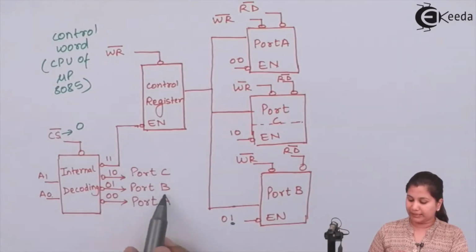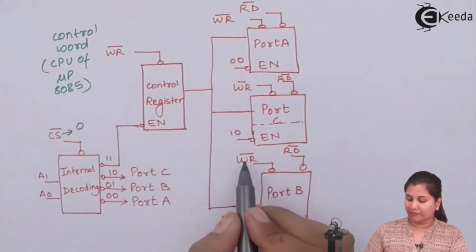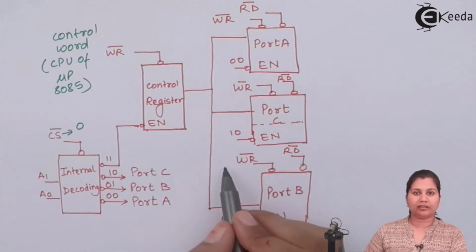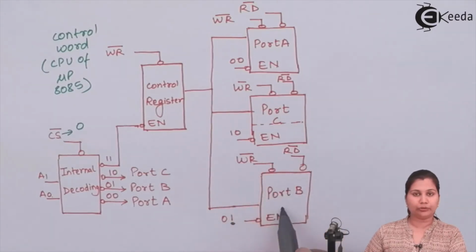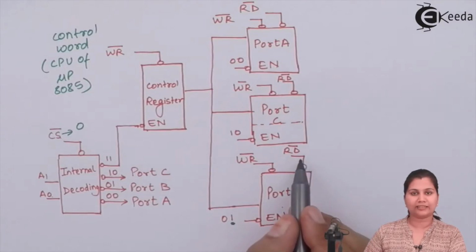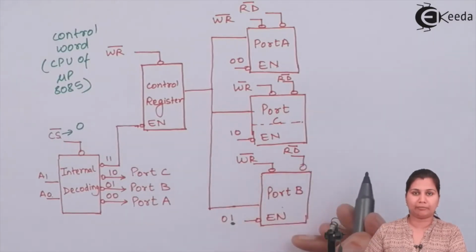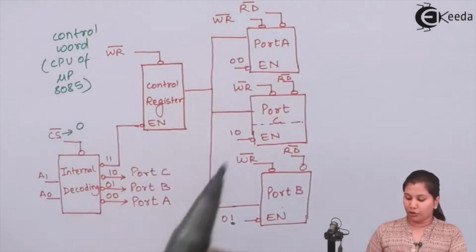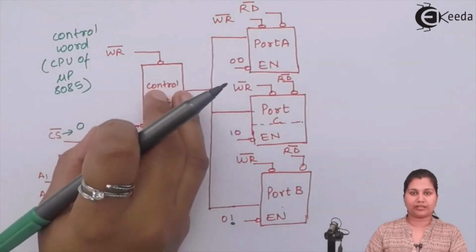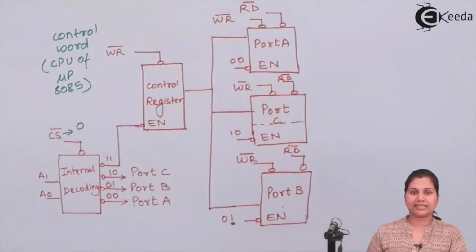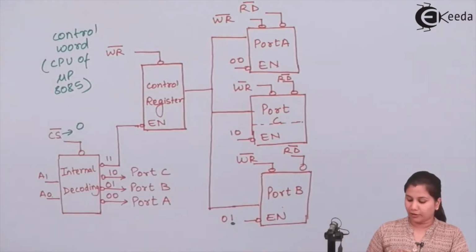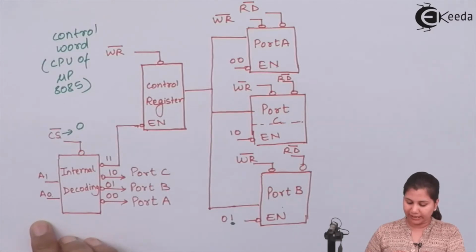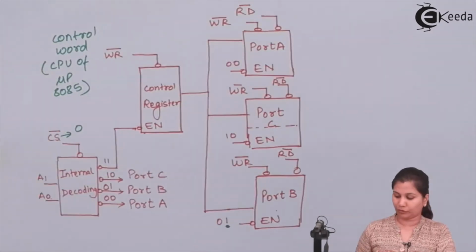If port B is selected, similarly we have write and read signals. If write is enabled, the data will be written into port B. If read is activated, the data will be read by the microprocessor. Similarly for port A. So this is how the control register and ports A, B and C are selected through the A1 and A0 lines.